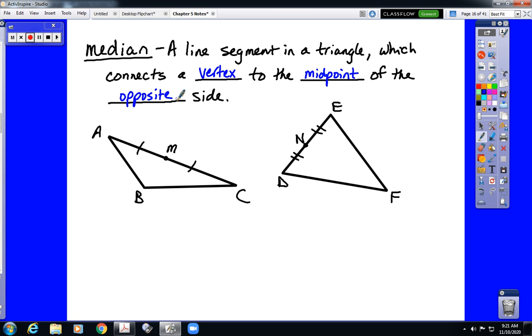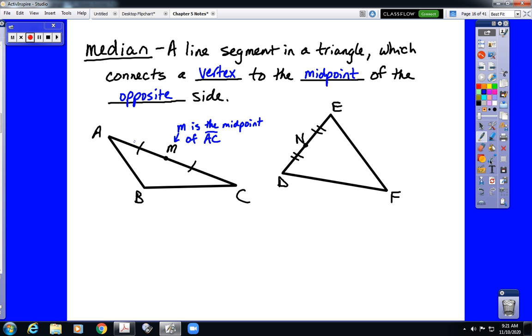Okay, so if we look at the first triangle here, we can tell by the markings that M is the midpoint of side AC because we have these congruence markings indicating that AM and MC are congruent.